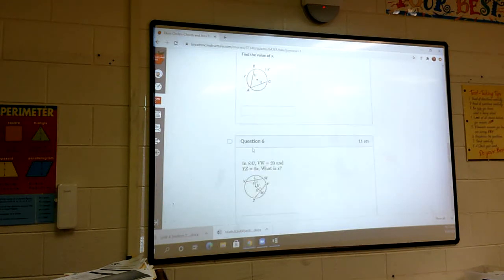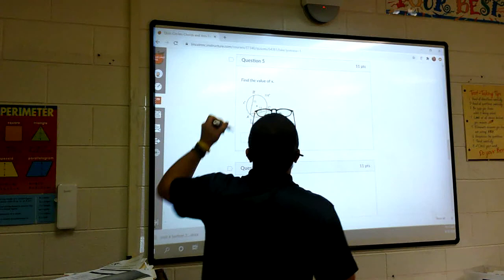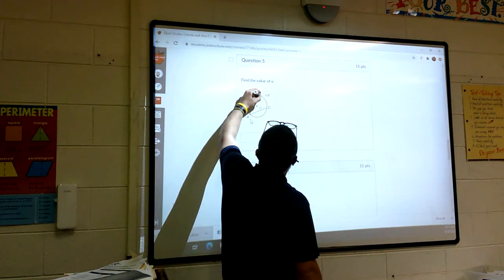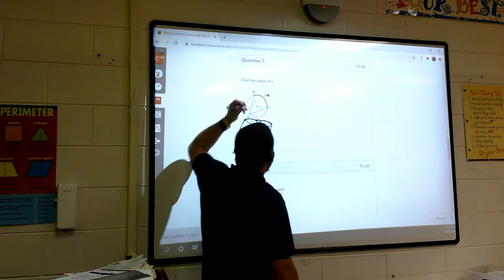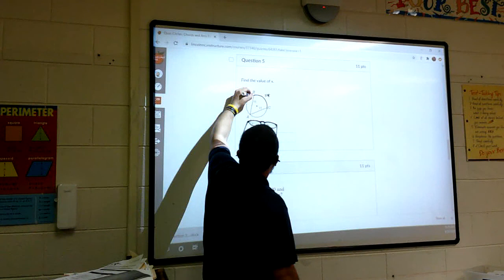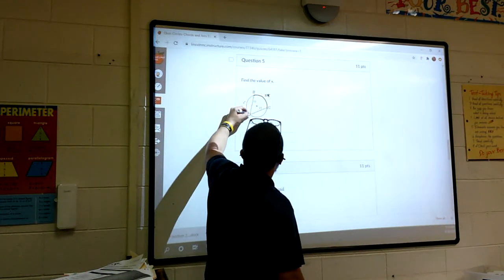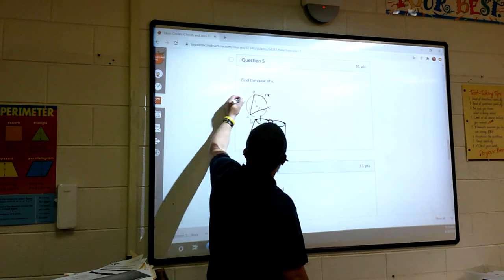In number 5, the only one that I thought could be a little tricky, this arc here is 114 degrees, right? All the way around a circle is how far? 360. So these two here are two chords. That means that this and this have to be the same.